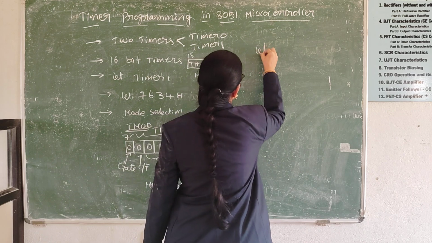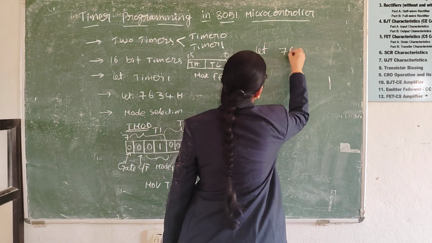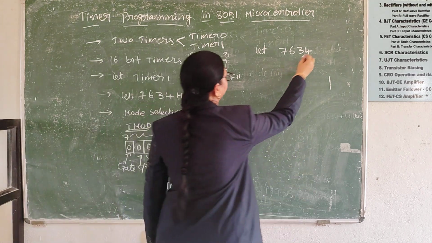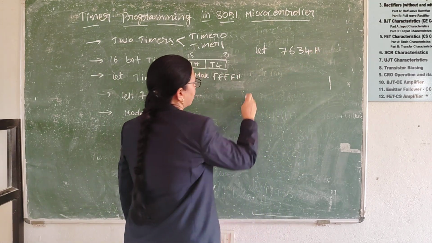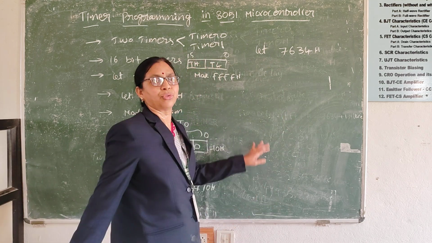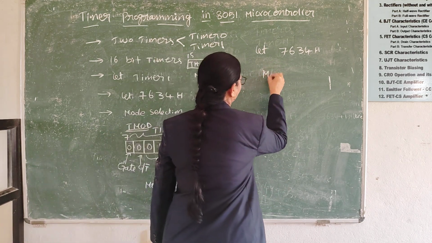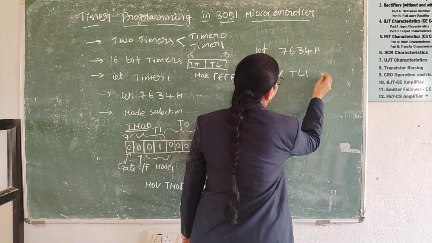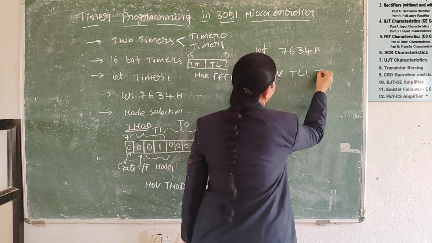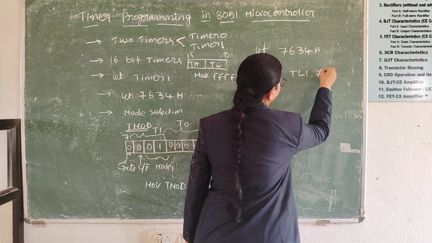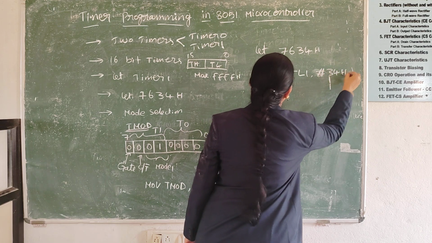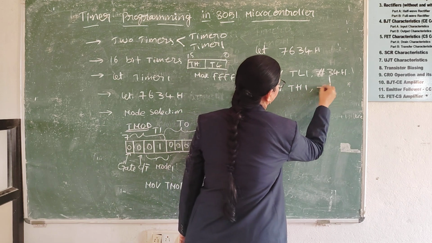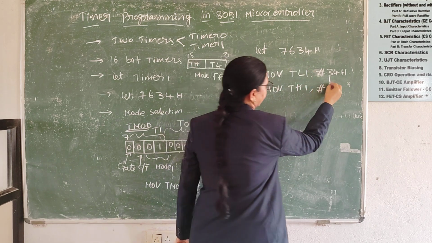Let the initial value be 7634H. The commands used to load 7634H into the timer 1 registers are MOV TL1, #34H, the lower byte, and MOV TH1, #76H, the higher byte.